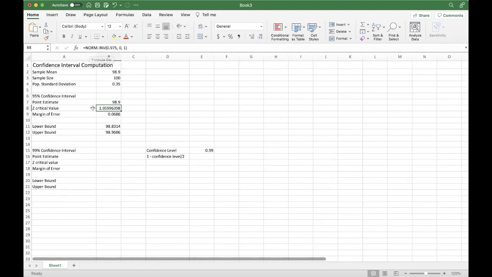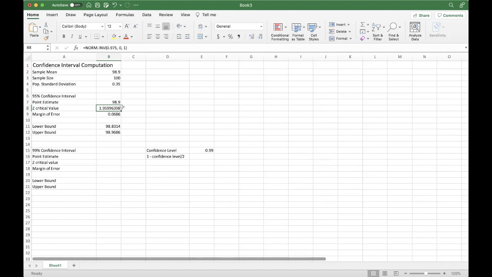So you remember that the Z critical value is the value such that the probability of a standard normal random variable falling between the negative version of this number and this number is the confidence level, right? So the probability of being between minus 1.96 and 1.96 is 95%.